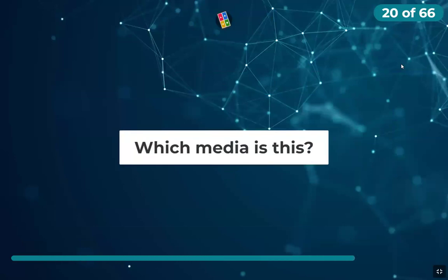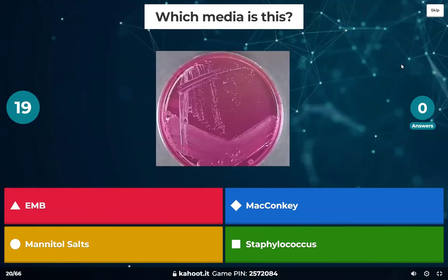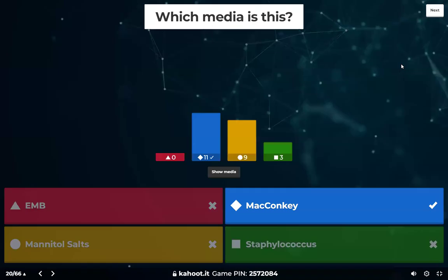What media is this one? Looks like we have a pinkish reddish agar with some pink growth on it. All right, so this one is MacConkey agar.